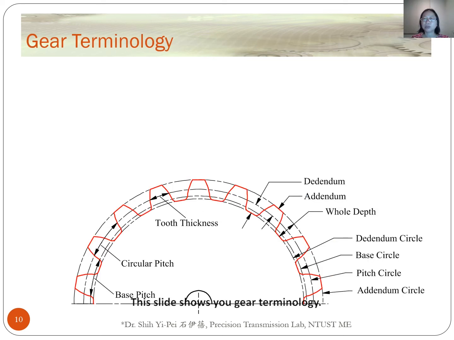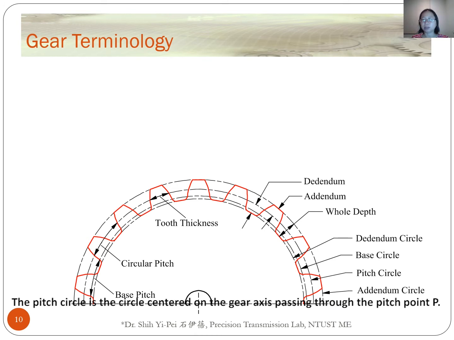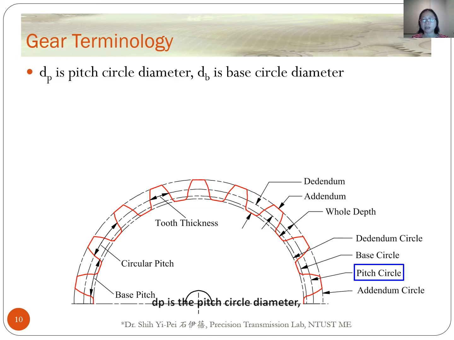This slide shows you gear terminology. The pitch circle is the circle centered on the gear axis, passing through the pitch point P. dP is the pitch circle diameter. It is equal to the teeth number N over the diametral pitch.